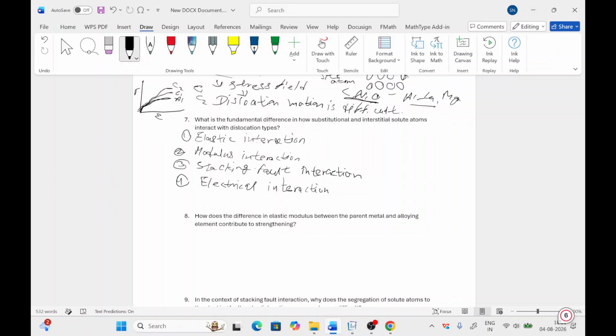Yeah, so four types of interaction between the substitutional and interstitial solute atoms with dislocations. Sorry, what is the fundamental difference in how? Just sorry, this is not.